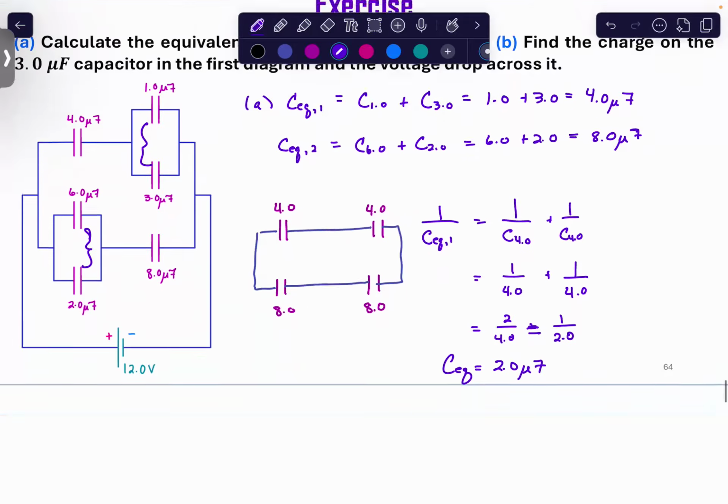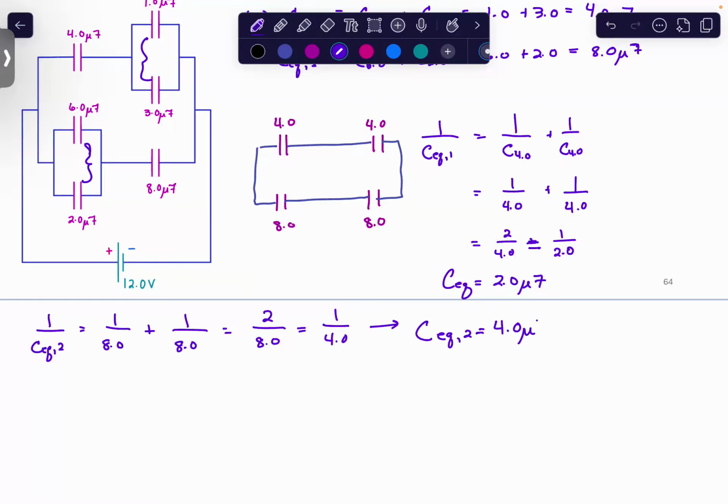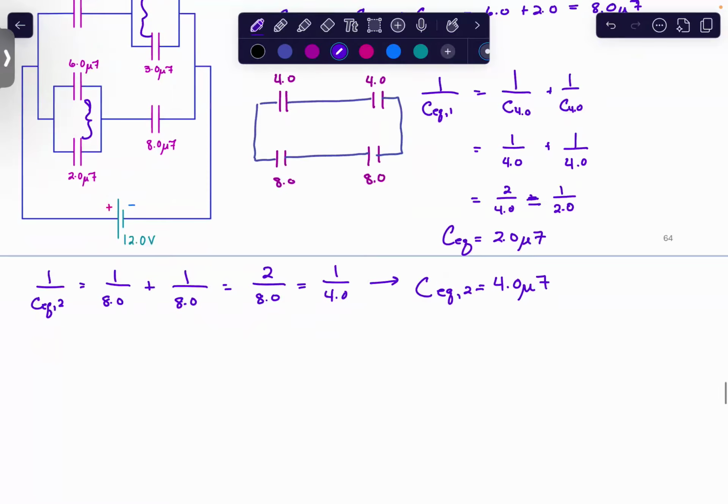Okay, so then let's do the CEQ of the bottom series. All right, so what do we have?